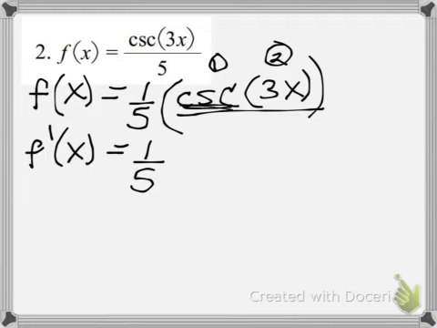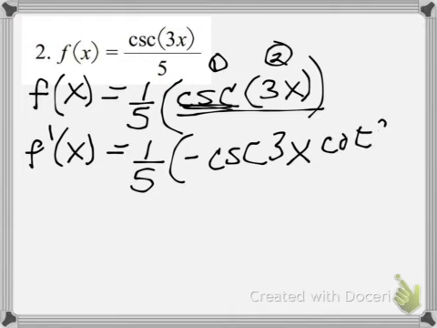The derivative of cosecant is negative cosecant, but I leave the function that's inside of it alone, times cotangent of the inside function, leaving it alone. Now I'm going to multiply it by the derivative of the inside function, which is 3.